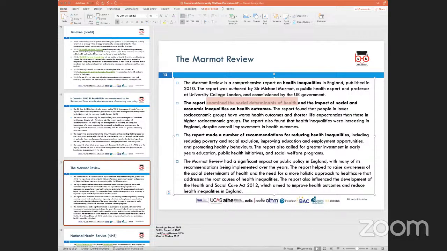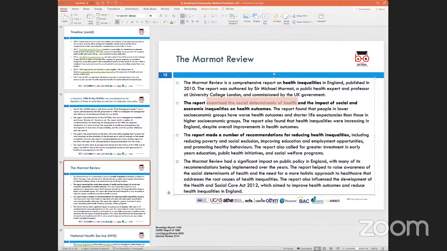So this is because if you're born and you grow and you work and you live in a place wherein you don't have access to education, healthcare, housing, and say, for example, economic status in terms of money, then they are considered as what are called non-medical factors, which can influence what kind of lifespan you'll have, or what kind of diseases you might have, or what kind of illnesses you might fall into.